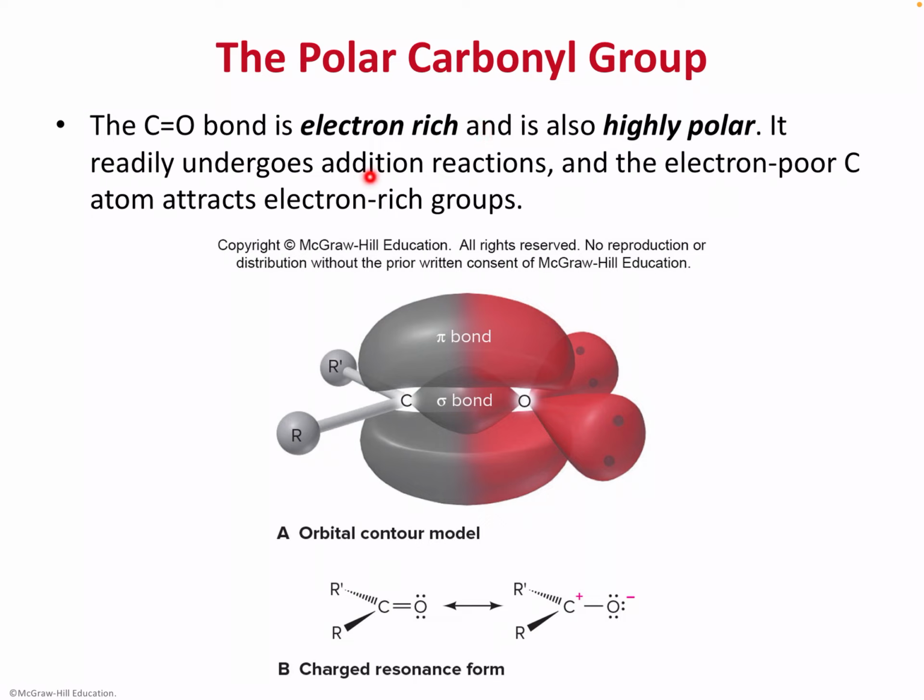It readily undergoes addition reactions, and the electron-poor carbon atom attracts electron-rich groups. If you look here, the carbon-oxygen pi bond can be drawn in resonance with carbon being positively charged and oxygen being negatively charged. Since this is positive, electron-rich groups can attach to this carbon and undergo addition reactions.